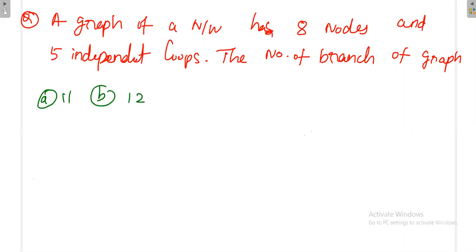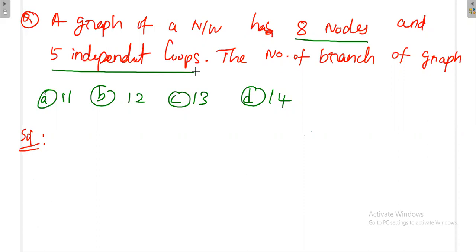Yes, anybody, what is the answer? What is the formula we have to follow? They gave 12. 12, sir. Okay, so what is the formula?